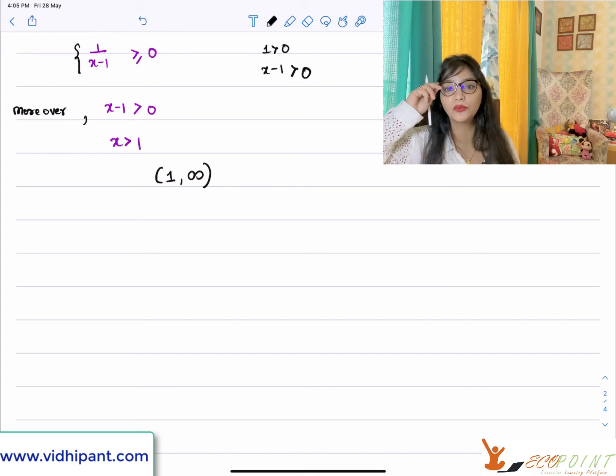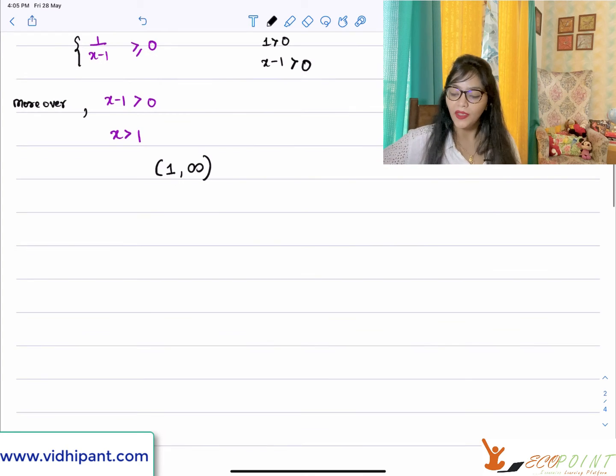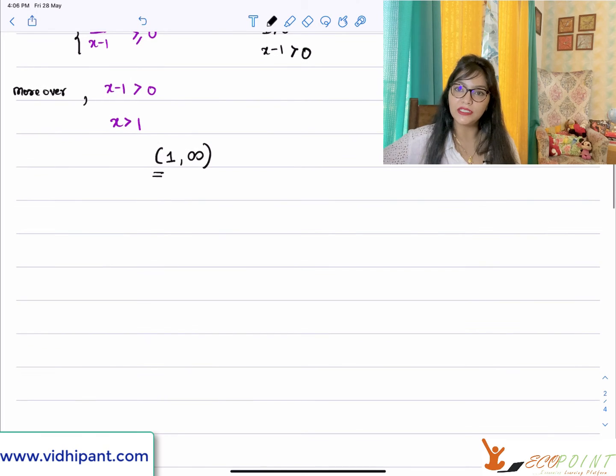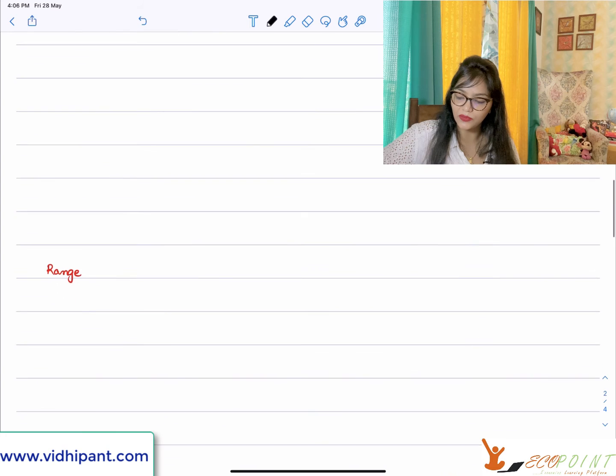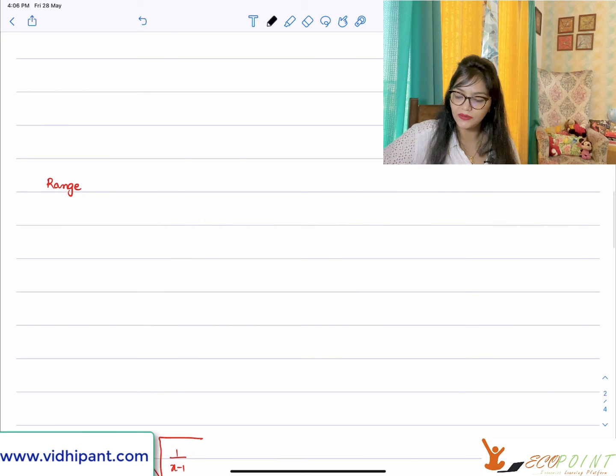So that is why the domain should be from 1 to infinity, not including 1, and that is why we have the open interval symbol here, okay? This is the open interval symbol, or you can also write it as 1 to infinity. It's one and the same thing.